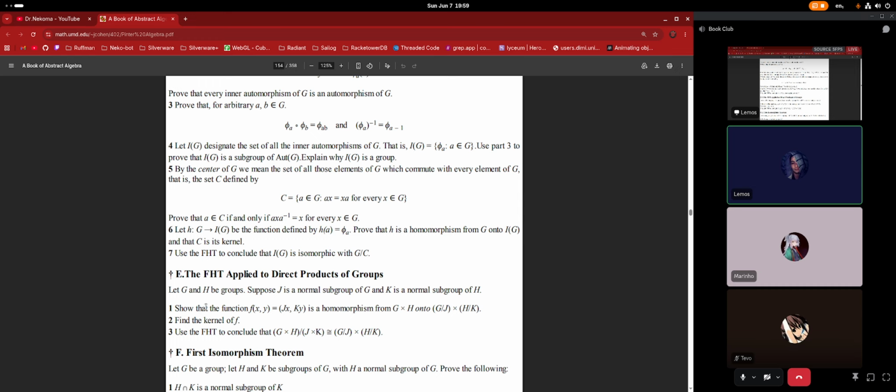And then we have E, the theorem applied to direct products of groups. Let G and H be groups. Suppose that J is a normal subgroup of G and K is a normal subgroup of H. Show that this function is a homomorphism from G times H onto a pair of quotient groups.